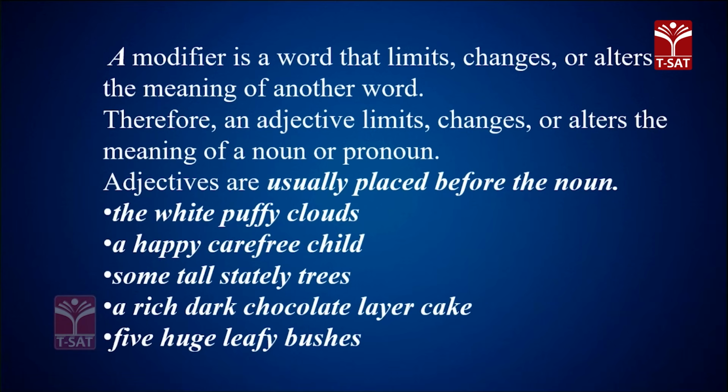So, in these 5 sentences, the white puffy is an adjective, a happy carefree is an adjective, some tall stately is an adjective, a rich dark chocolate layer is an adjective, 5 huge leafy is an adjective. Because these words are modifying clouds, child, trees, cake, bushes respectively, right.